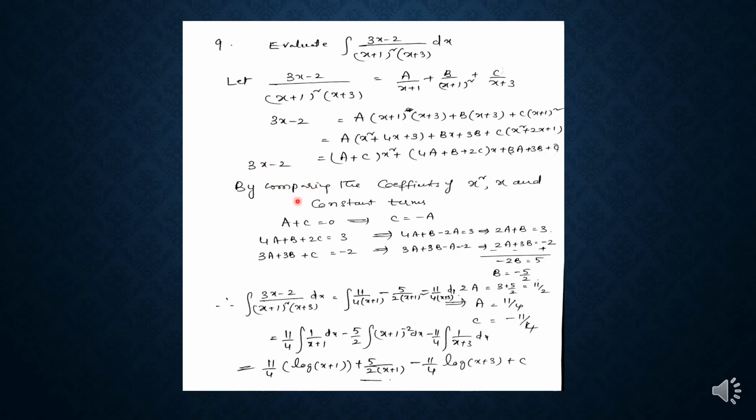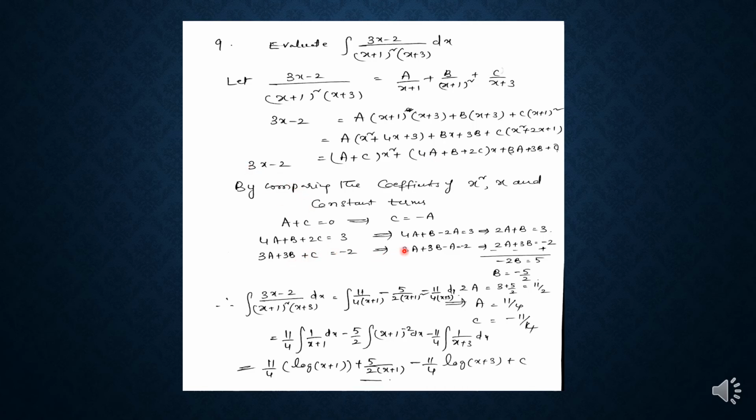Now by comparing the coefficients of the x square term, x term and constant terms, we will get A plus C is equal to 0 because there is no x square term here, and from this we can write C is equal to minus A. The coefficient of the x term is 4A plus B plus 2C is equal to 3.